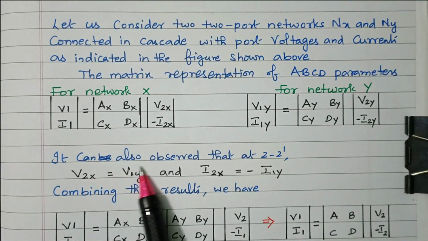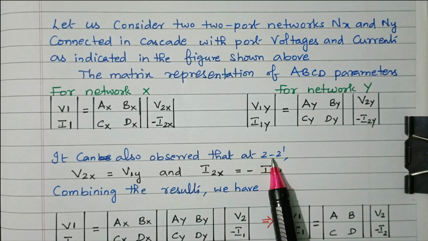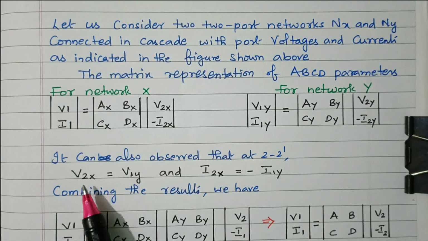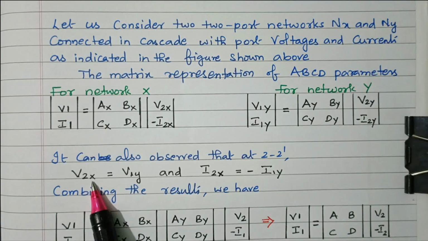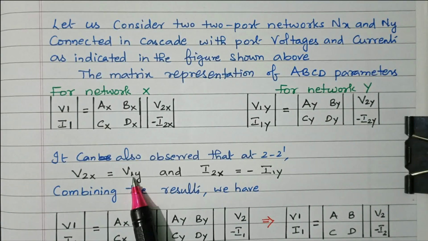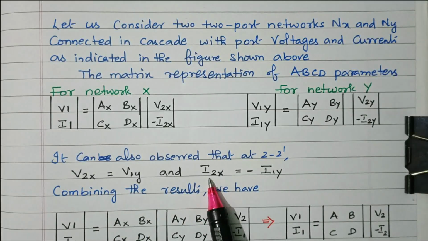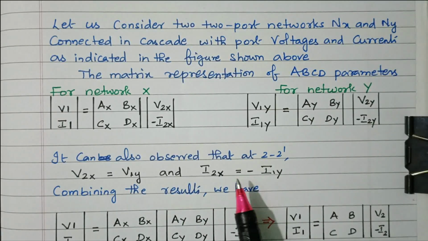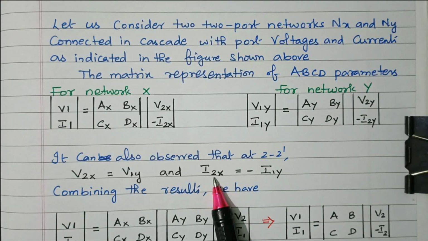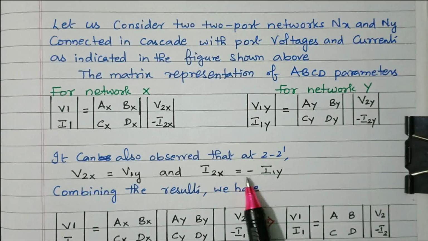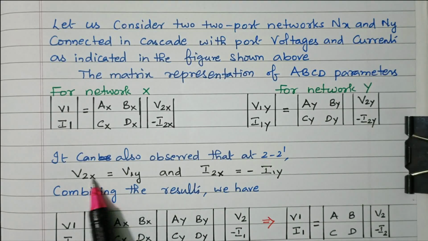So it is also observed that at 2 2 dash, that is at the center, as we already discussed, V2X equal to V1Y. Output voltage of the X network equals input voltage of the Y network. Similarly, I2X equal to minus I1Y. Because the directions are opposite, the current direction is negative. The output current from the X network equals the input current of the Y network with a negative sign.